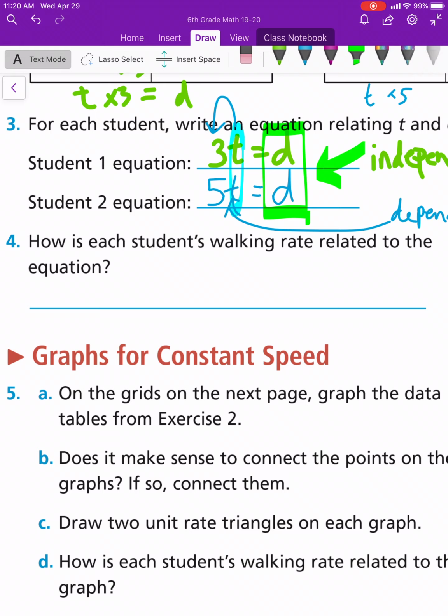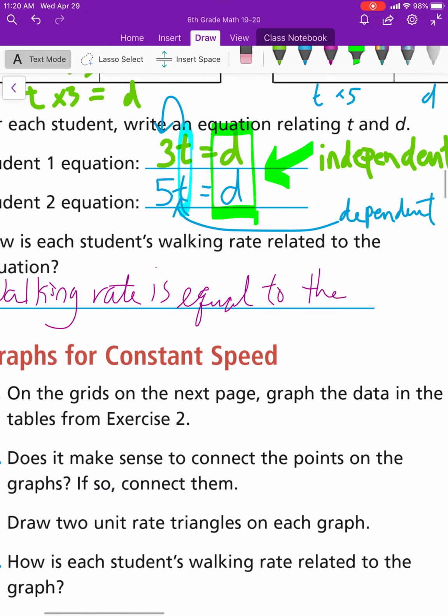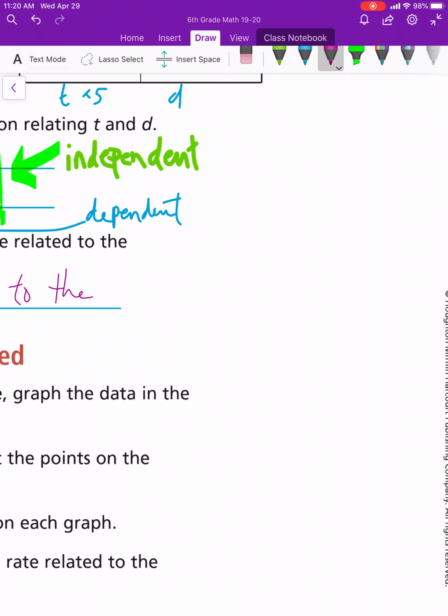So I'm going to say walking rate, I'm going to put this in purple, walking rate is equal to the coefficient of t.